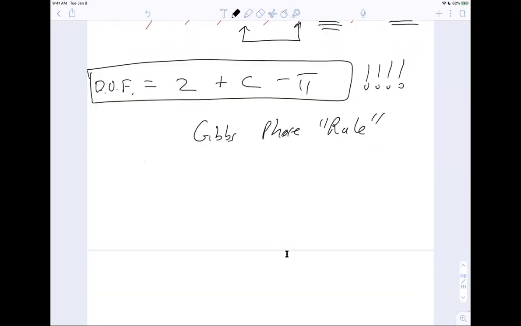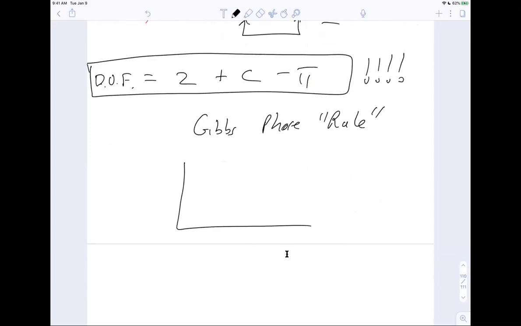And so let's go back. Just as an example, I don't want to leave this for next class. I want to just finish it up here. So let's go back to the water phase diagram. Here's our single phase system. In this case, we're going to have pure water, our single component.